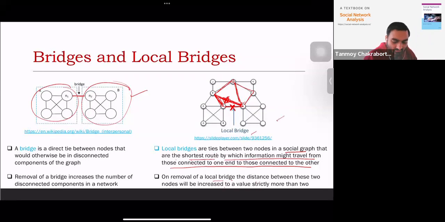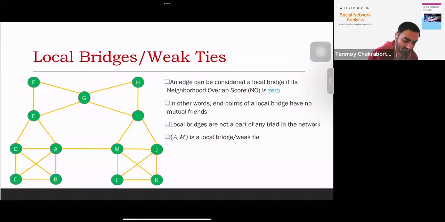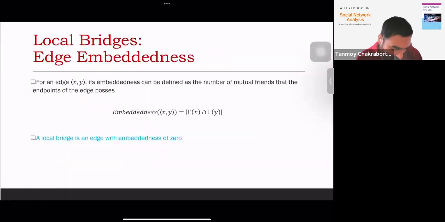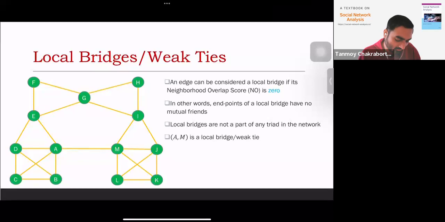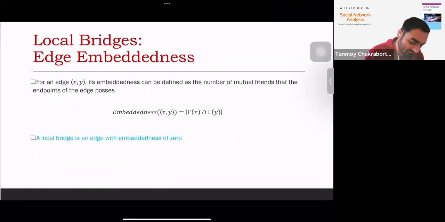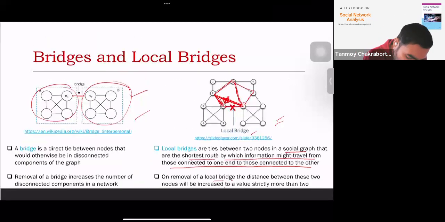This is a little bit loose definition compared to a bridge. And how do we measure this? Again, the measurement is very easy. You measure this by looking at the neighbors, right? So let's say again in this particular graph, I'm not drawing the internal structure.